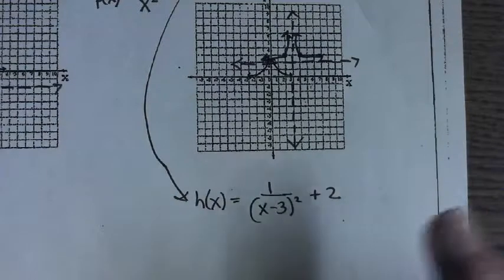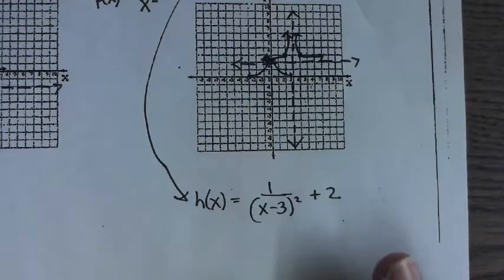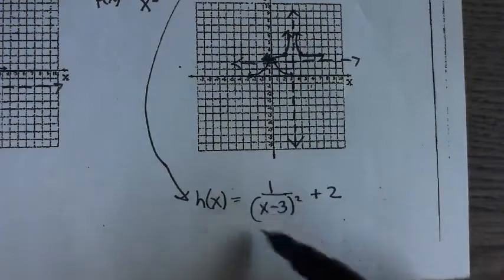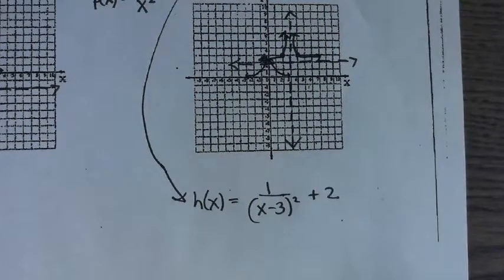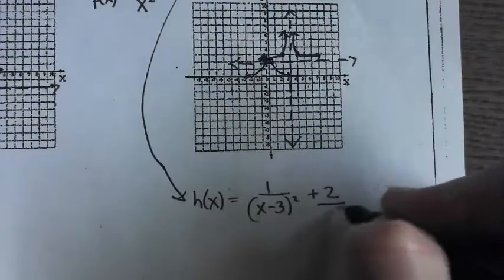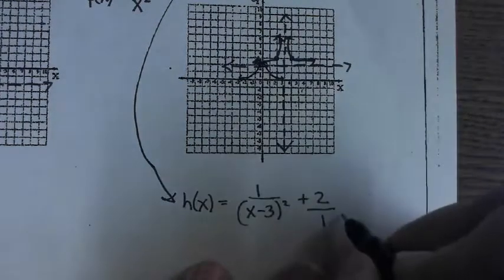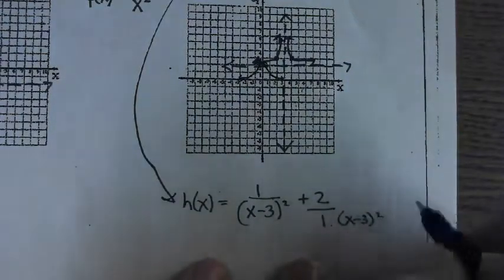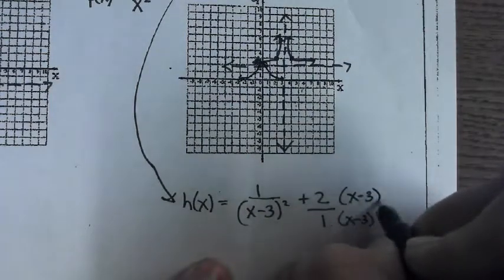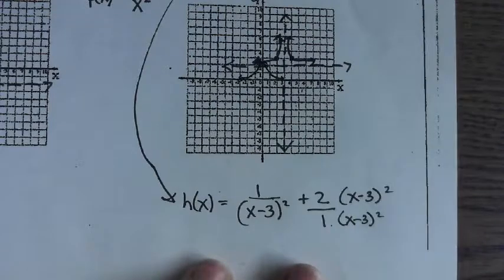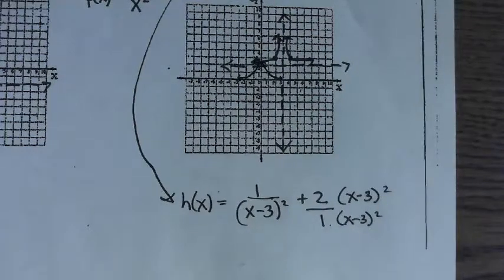I could get a common denominator and combine this into one rational function rather than having this little itty-bitty portion of a rational and then adding 2 afterwards. I could put this 2 over 1 and rewrite this function differently by getting a common denominator. So this would need an x minus 3 squared, and this would need an x minus 3 squared. Agreed? Does everyone see that?